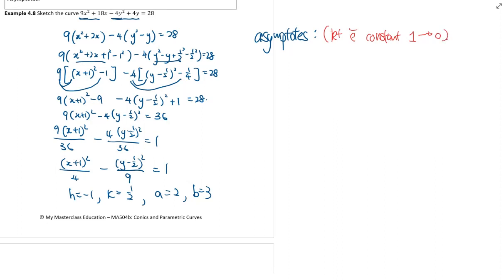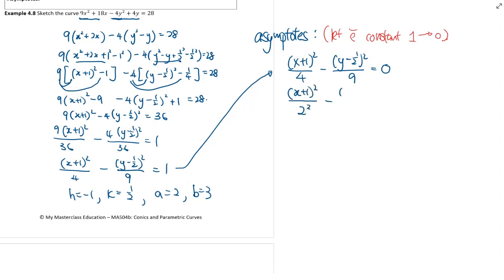So from here I can say that x plus 1 square over 4 minus y minus half square over 9, I let it equate to 0. This is 2 square, I bring the y component to the right side. When I square root both sides, I will have plus minus x plus 1 over 2 is equals to y minus half over 3.